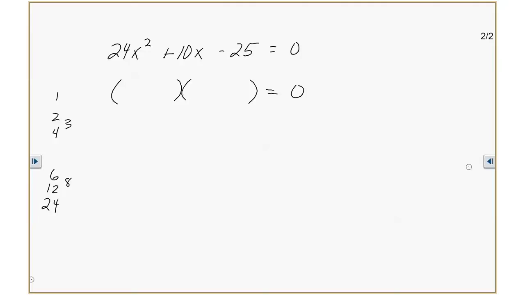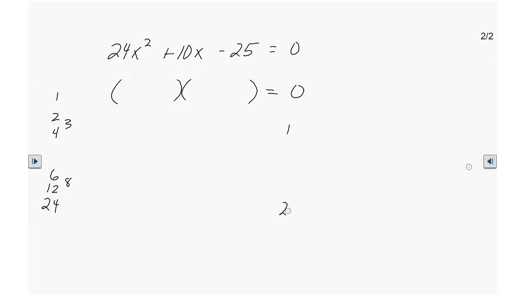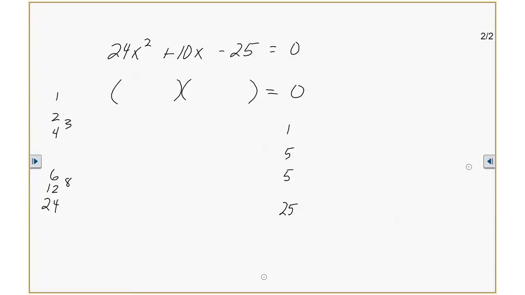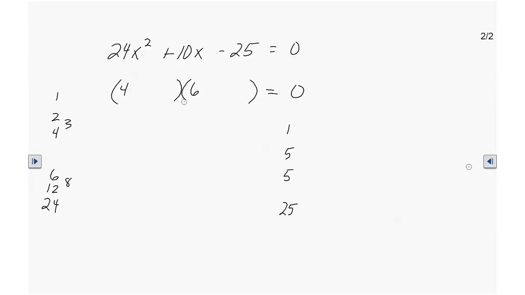Over here, we got 1 and 25, 5 and 5. Well, this number is generally low compared to these two numbers, so I'm going to try the middle two first. So the middle is 4 and 6 and 5 and 5. So I'm going to put a 4 and 6 here and a 5 and 5 here.